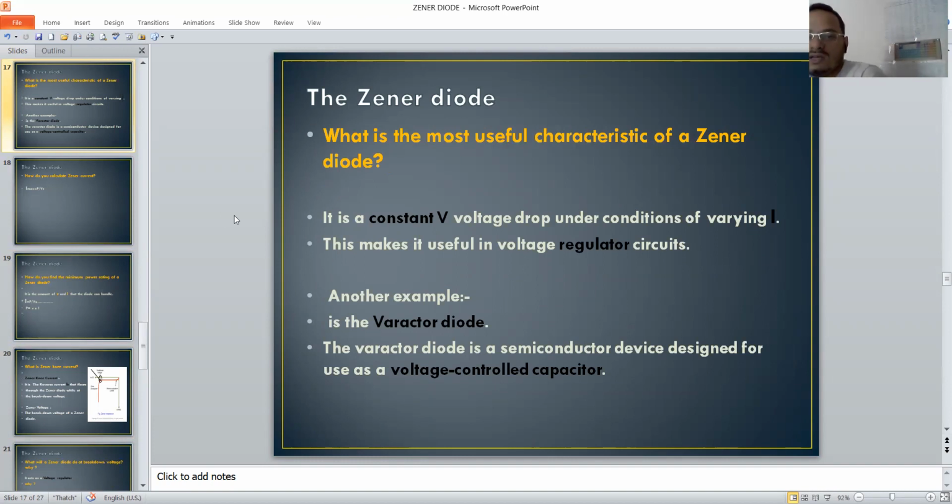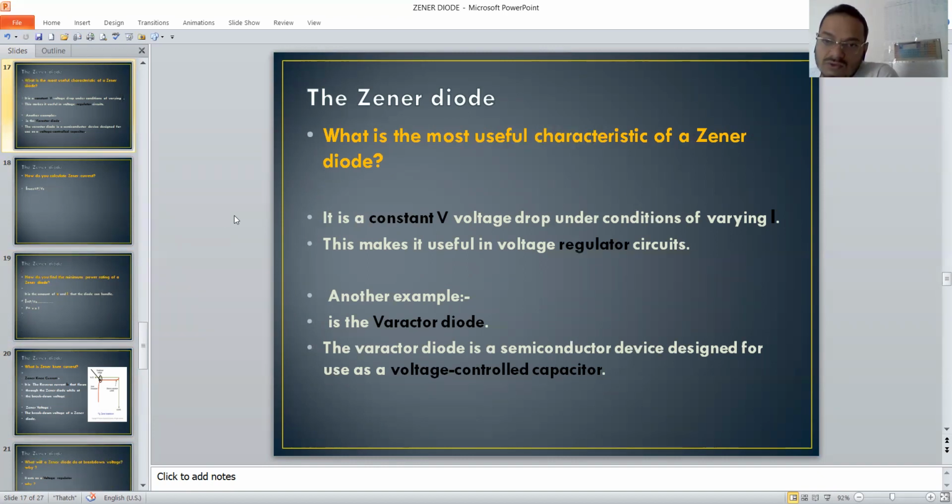That is why we use it in regulator circuits: it gives a constant voltage drop under conditions of varying current. That means there is a relation between the constant voltage and the amount of current.